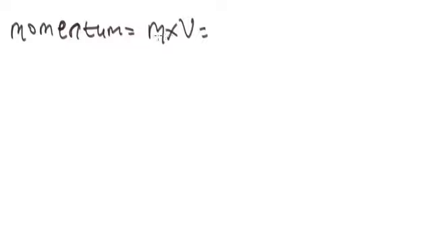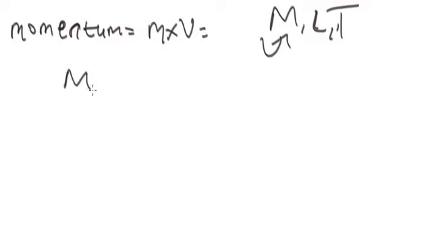Let's solve another example. What if you're asked to find the dimension of momentum? Momentum is calculated using mass times velocity. Remember, we are looking at how these derived quantities relate to mass, length, and time. Mass will not change, so we have mass times the dimension of velocity.